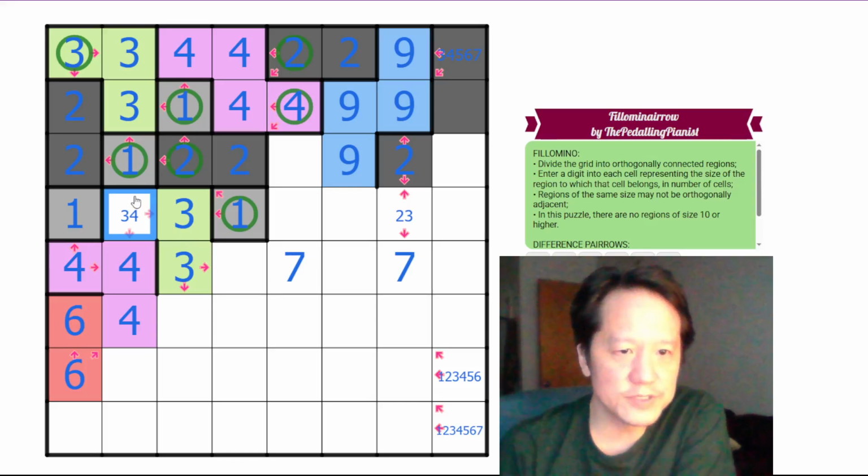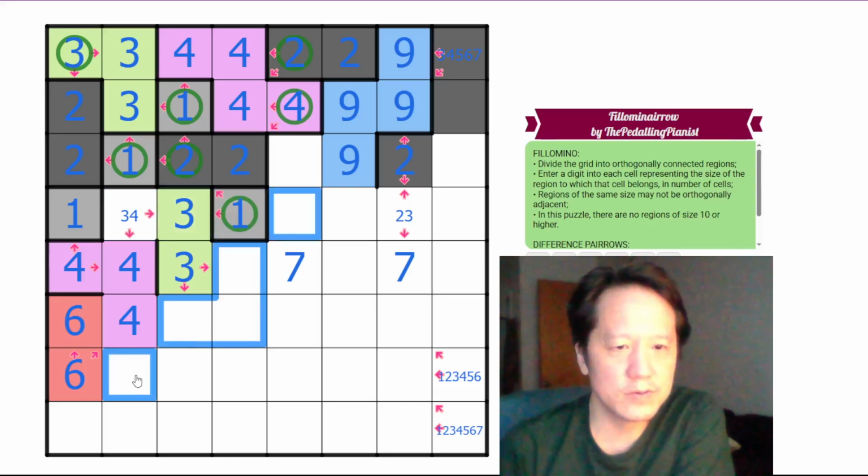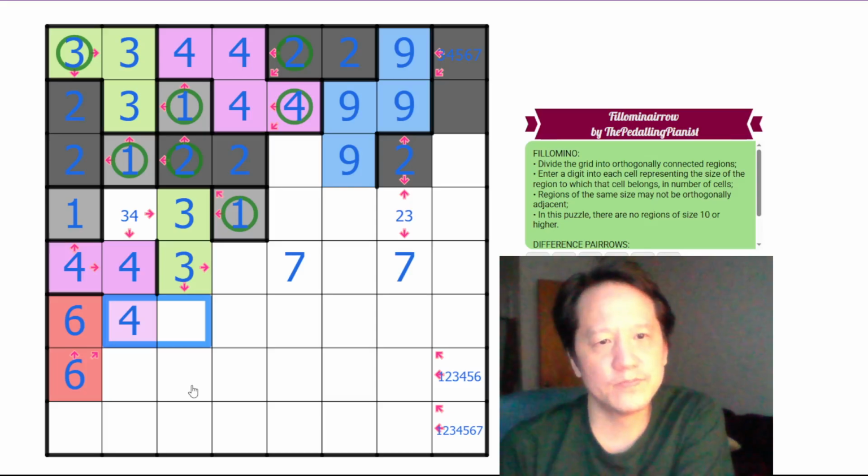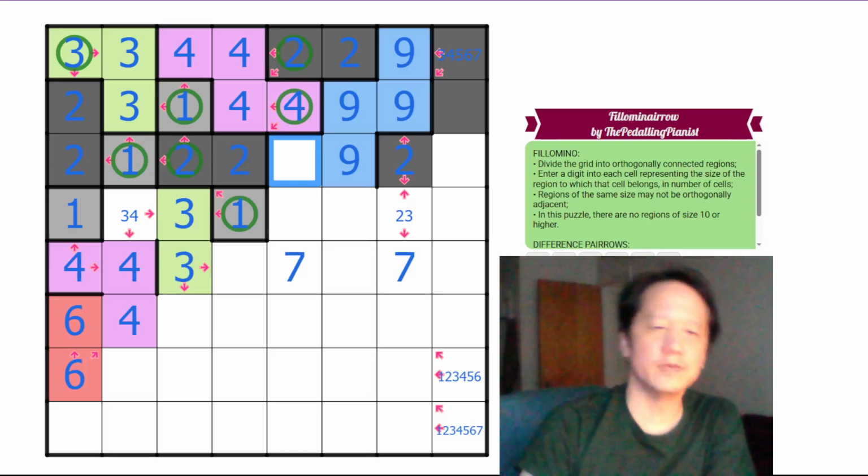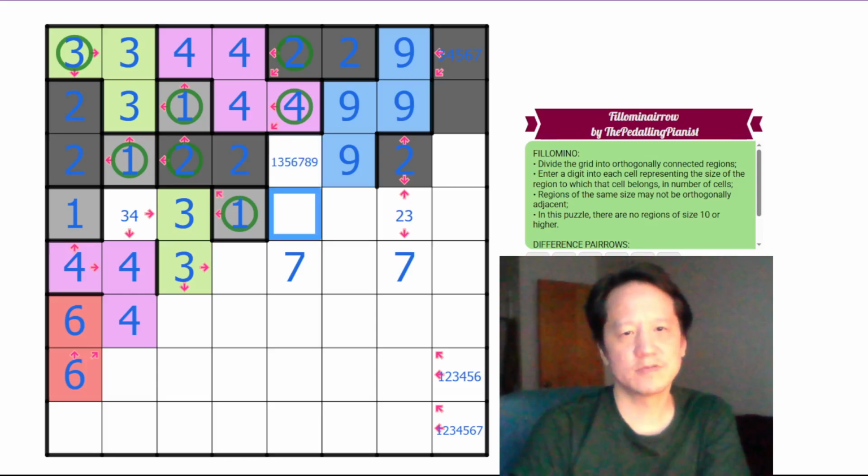This has a difference of 3 or 4. So, well, 4 could go here. This cell cannot be 2 or 4. It could be 1, 3, 5, 6, 7, 8, 9. Obviously, it's quite a bit.